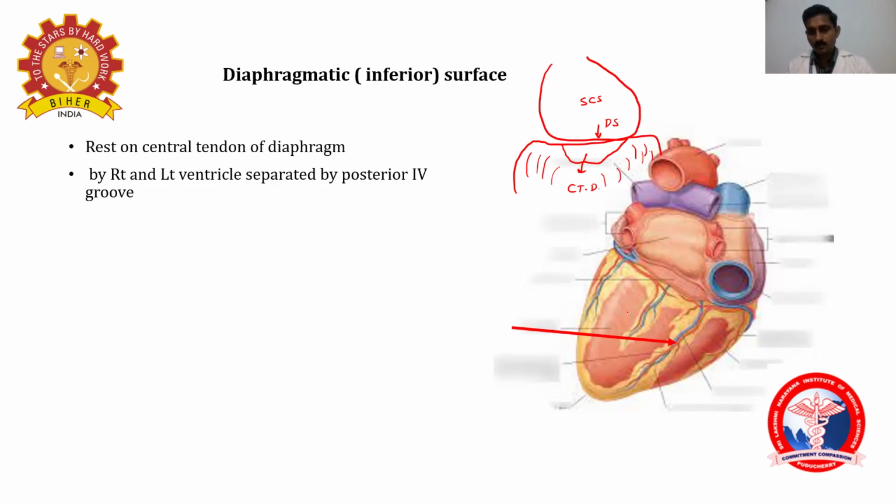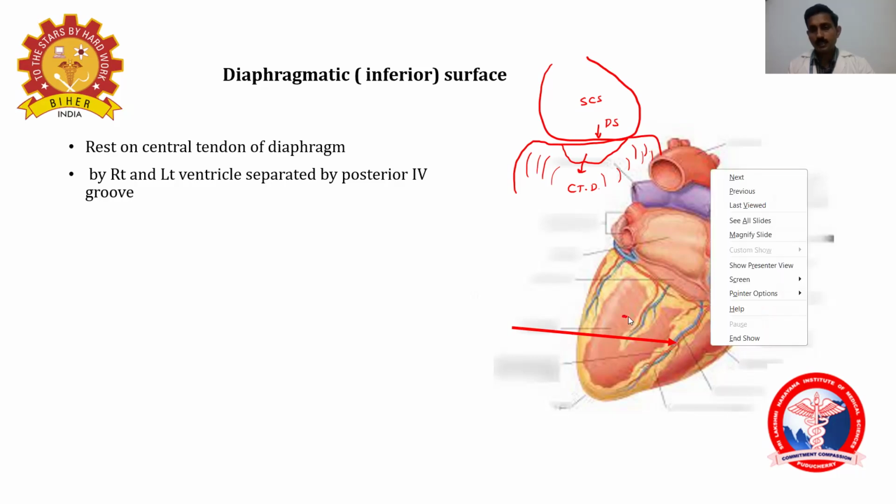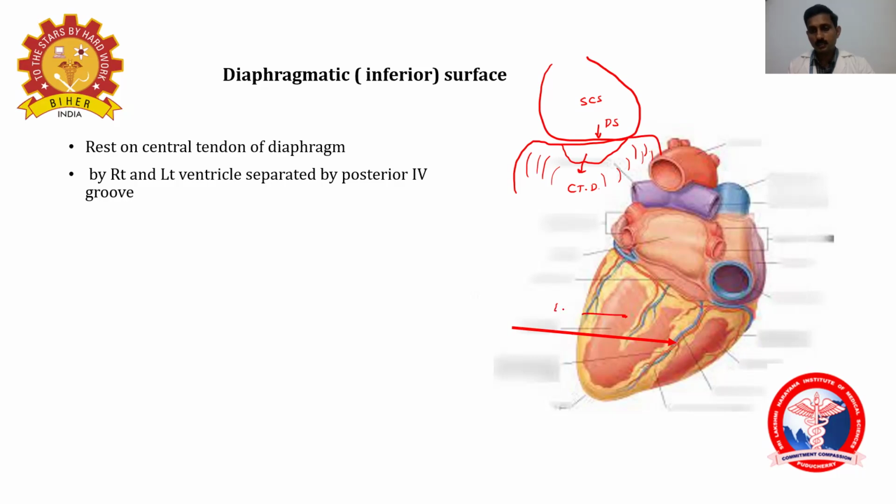Now here you can see this is formed by two chambers. This is one chamber and this is one chamber. It is mainly formed by the left ventricle, partly formed by the right ventricle, separated by a groove here. So what is the name of the groove that is separating the right ventricle and left ventricle? Can we call it as interventricular groove? Because it's between two ventricles, we call it as interventricular groove.